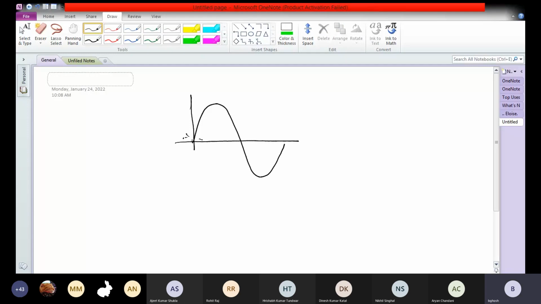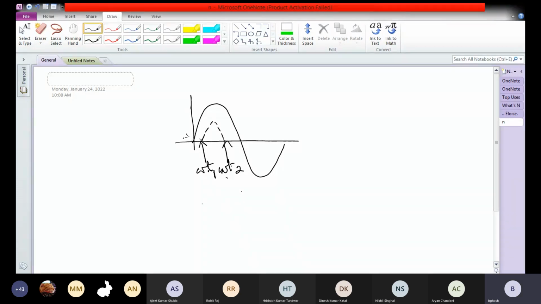The diode is going to be conducting for this period of time. This is omega t1 and that is omega t2.